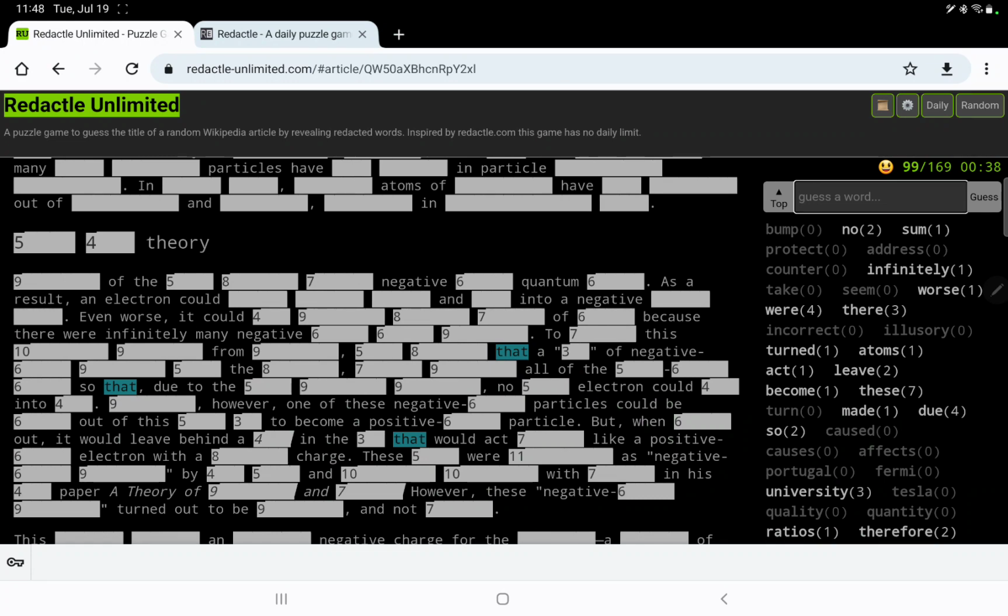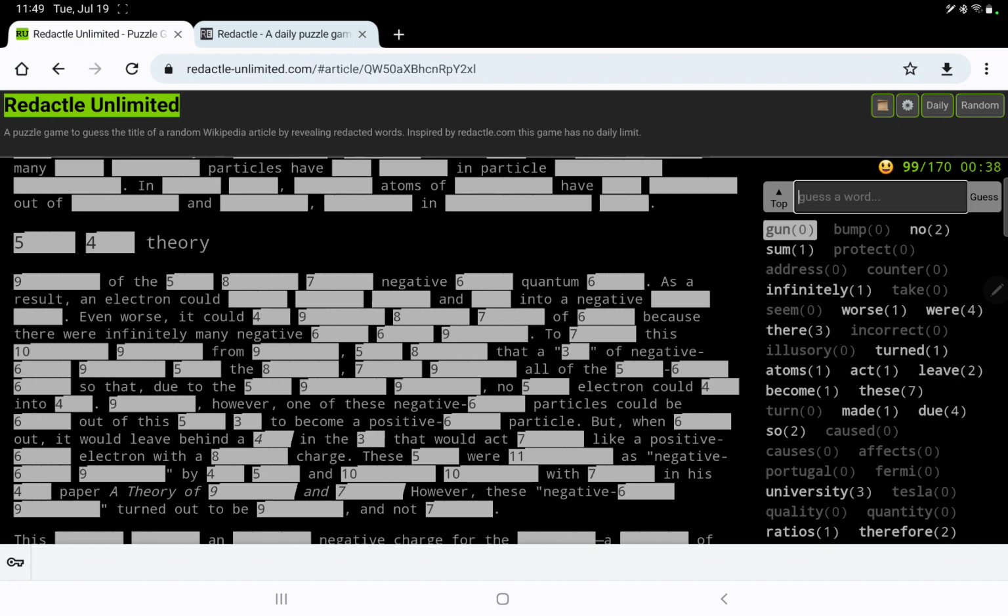So maybe it's just like a simple everyday word that is being applied here. That a bun, a gun, no, a something, a lot, no, a something of negative thing. Wow.